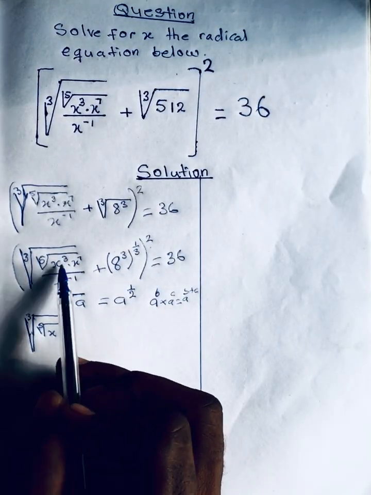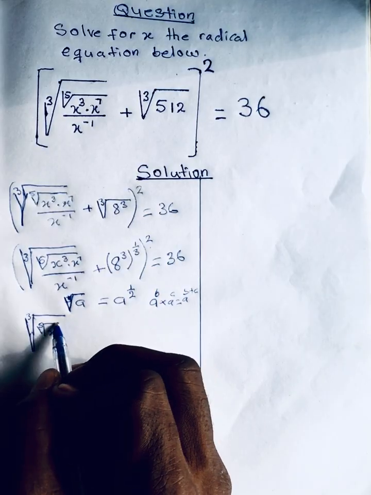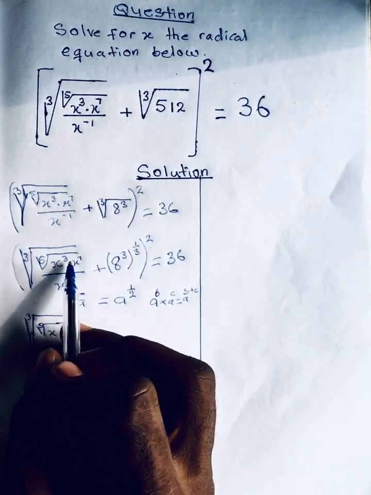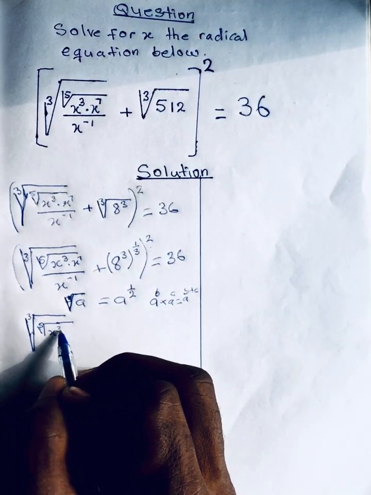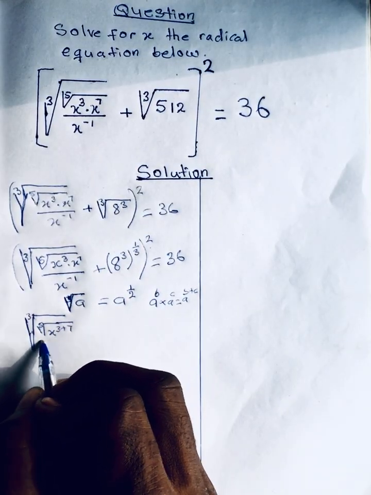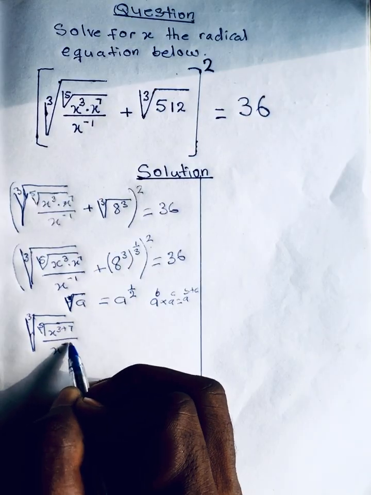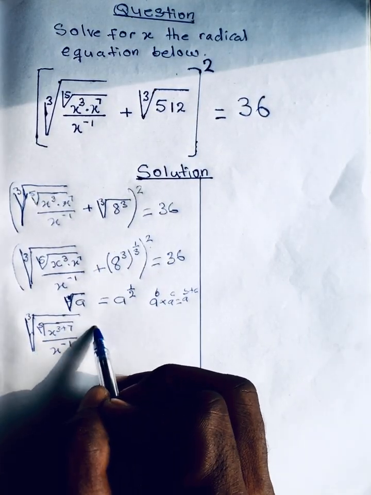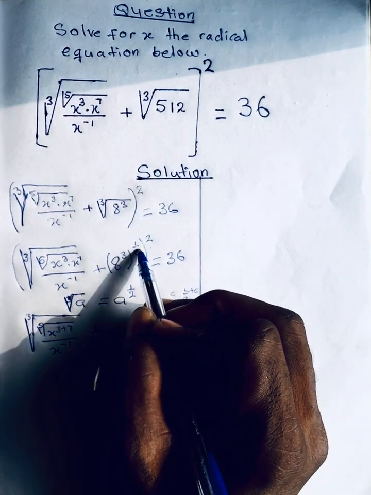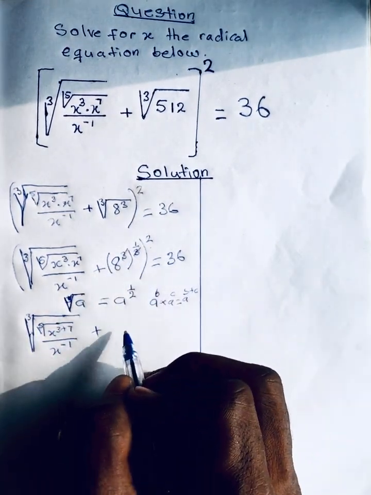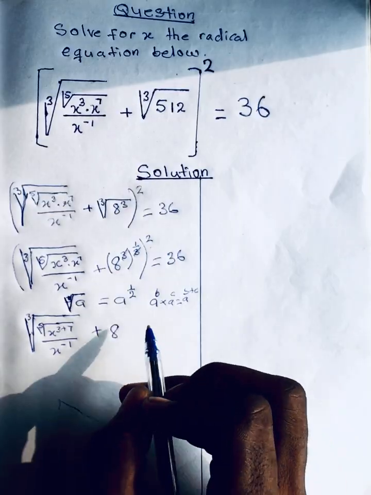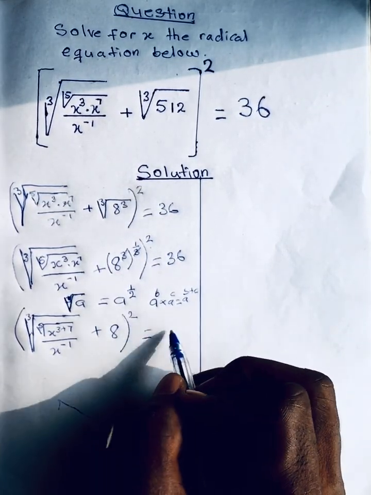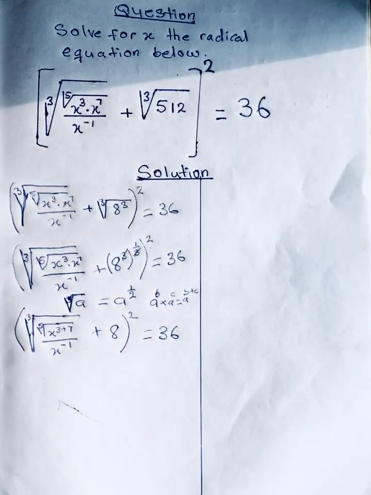So we are going to apply that rule here. The bases are the same, so you add the exponents to be 3 plus 7 all over x to the power of -1, plus this will cancel this, leaving 8, all squared. This will give us 36.